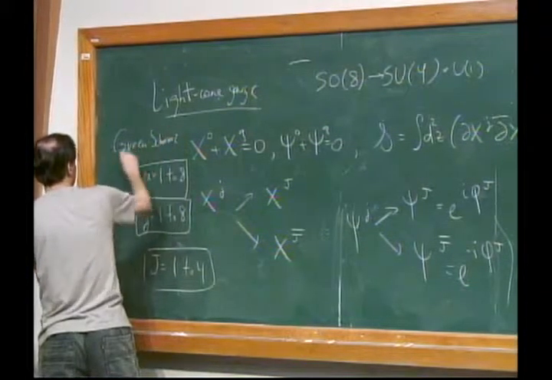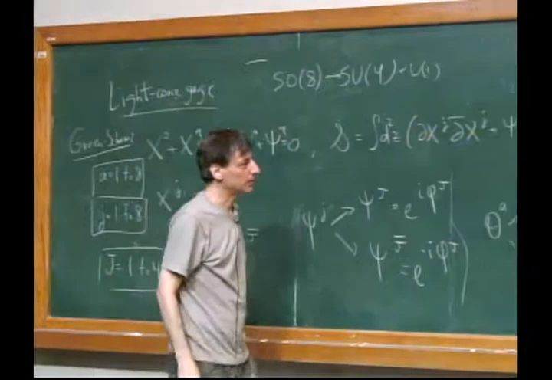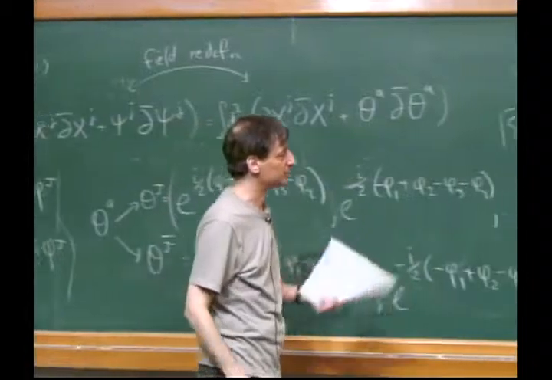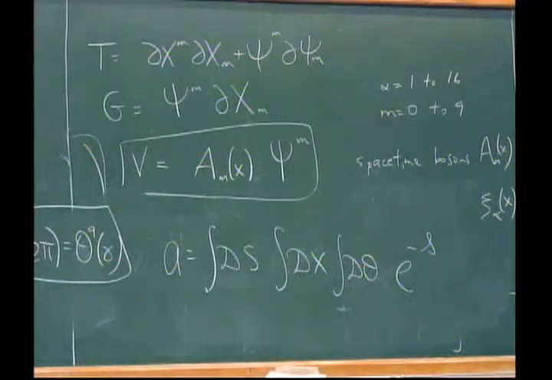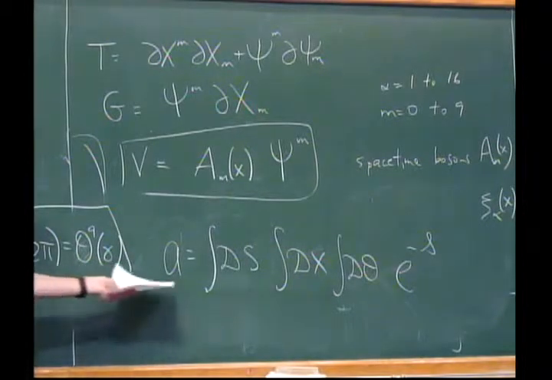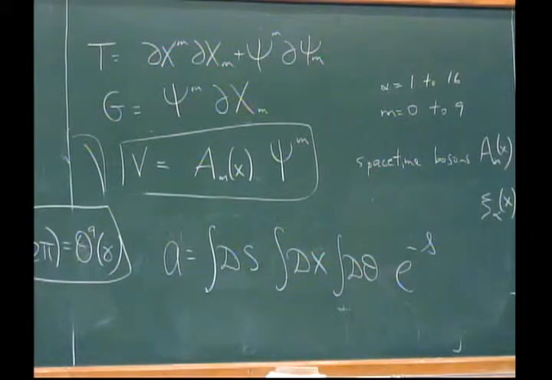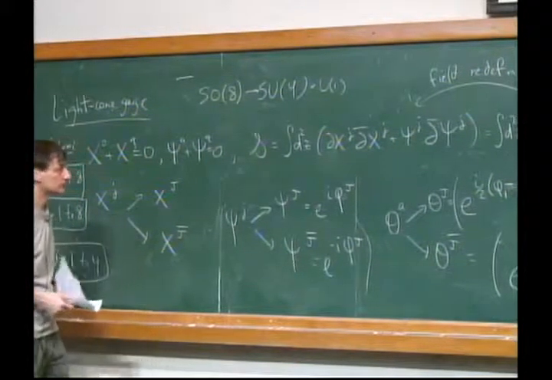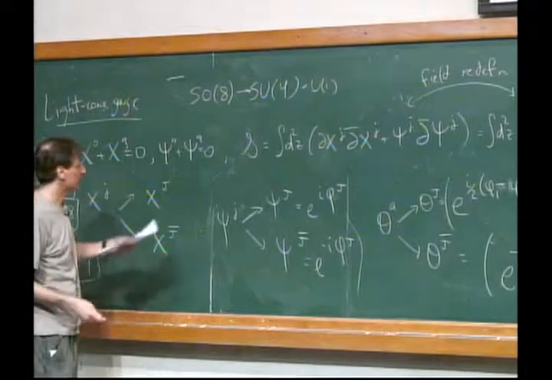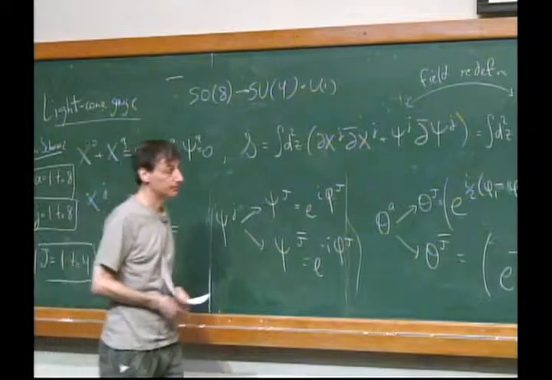But then there's the next question, which is, can we obtain this description from a covariant description? So why do we want to obtain this from a covariant description? Well, the amplitudes that we're going to compute here will only preserve a subset of the full SO(10) invariance. So first it got broken into SO(8), then it got broken into SU(4) times U(1). And to reconstruct the fully covariant amplitude is a mess.